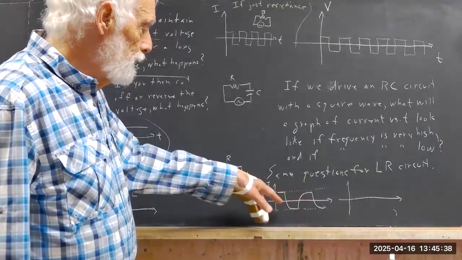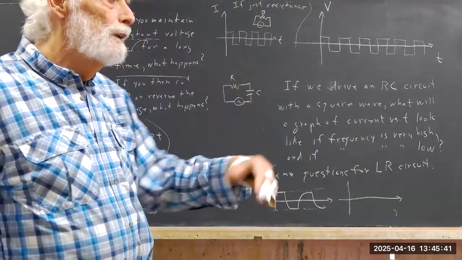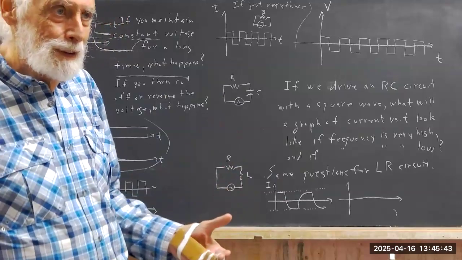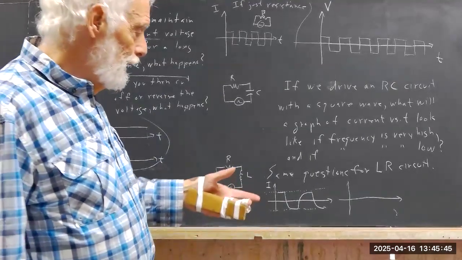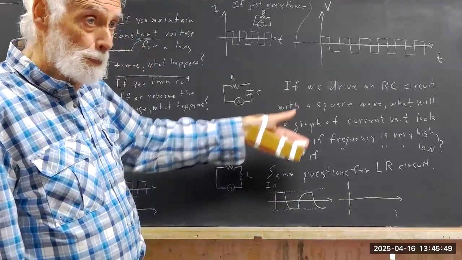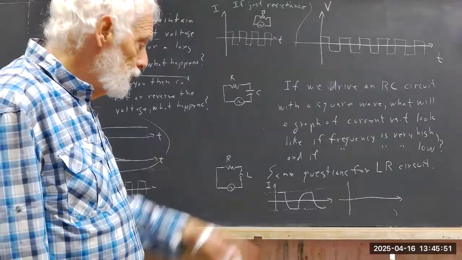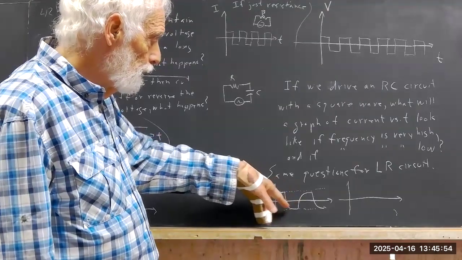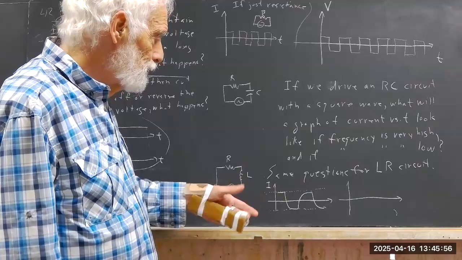Total area: if you want the power of this circuit, you would actually want to integrate the squared current so everything's positive. But you could just integrate the magnitude of the current over one cycle.